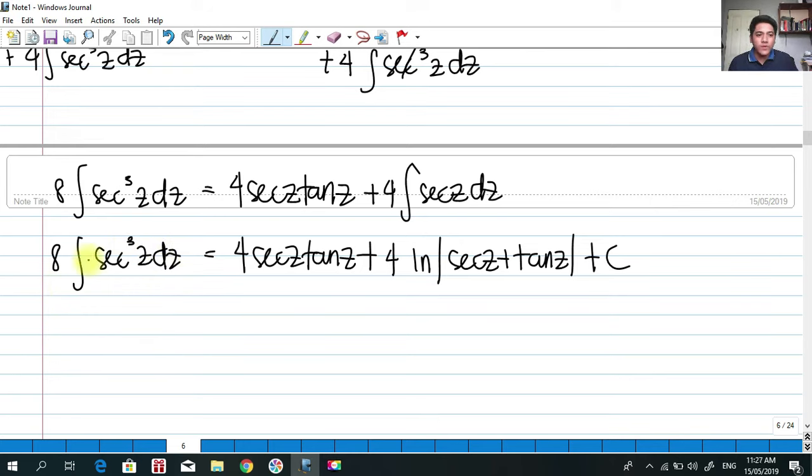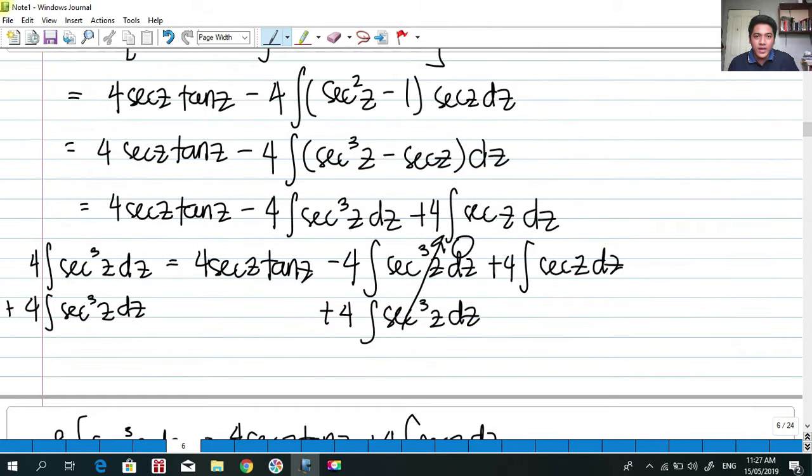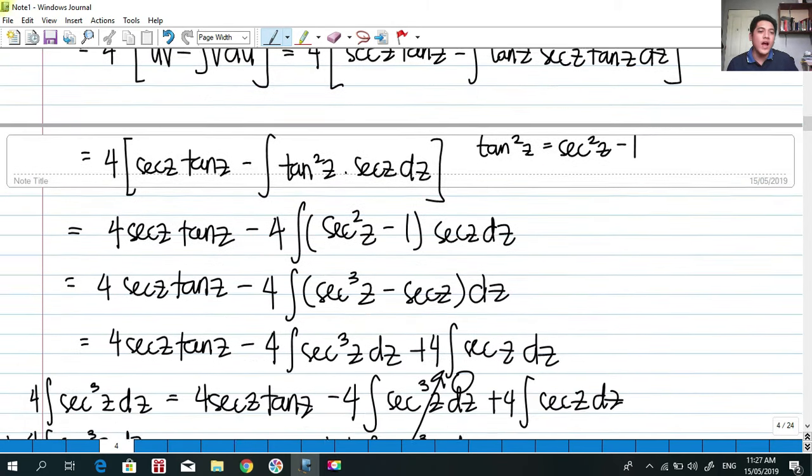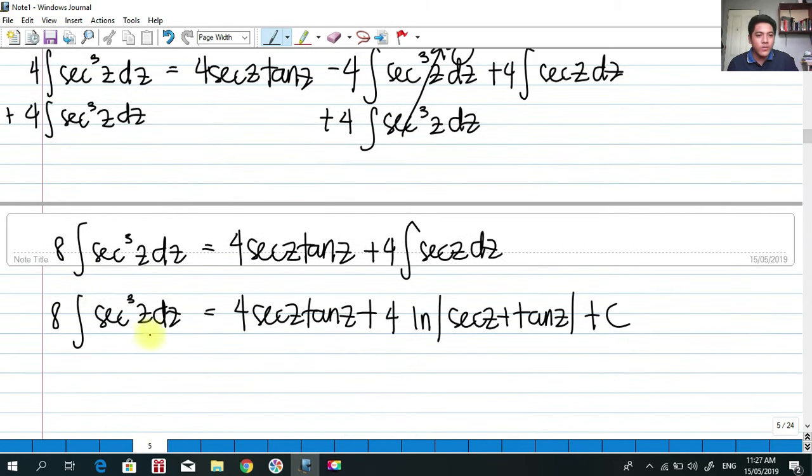But what we are after is actually not this. We are after the integral of secant cube z, with the factor of 4 outside the integral. So we have to make this left equation equal to 4 secant cube z. So what are we going to do?